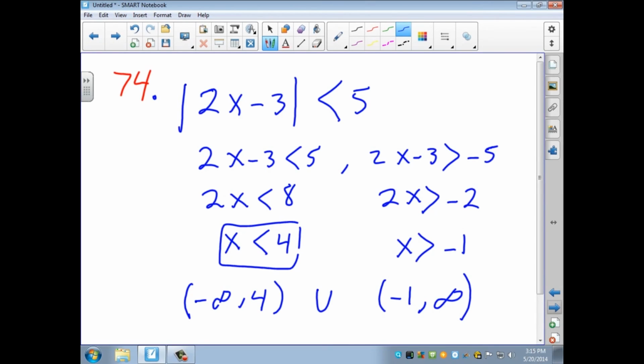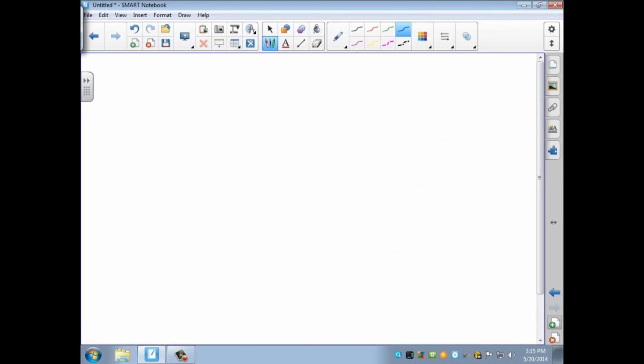Well, let me do one problem also. Let me do one word problem from section 1.8, problem number 72. It says motion of a model rocket.